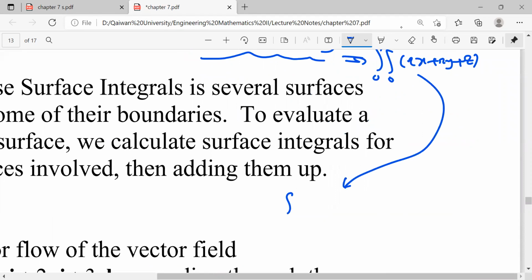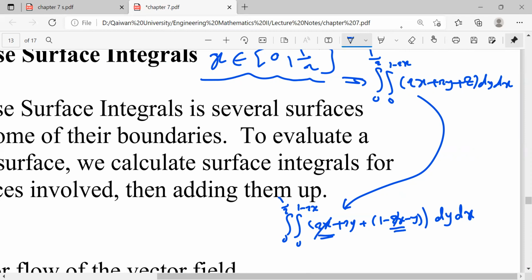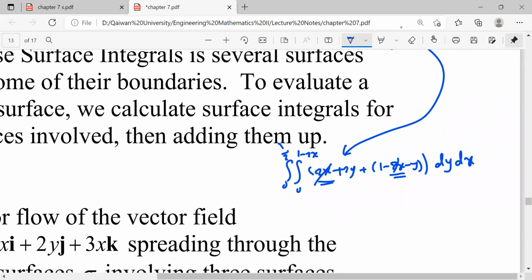So it is the double integration, y from 0 to 1 minus 2x, and x from 0 to a half, of 2x plus 2y plus z, where z is 1 minus 2x minus y, dy dx. Here we simplify: minus 2x with 2x cancel out, minus y with 2y becomes y.